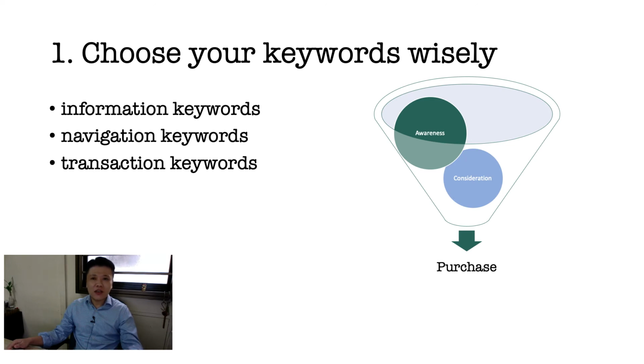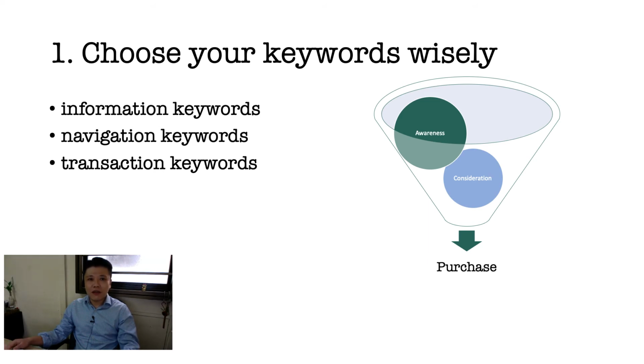And in general, keywords include 3 types: informational keywords, navigational keywords, and transactional keywords. Let me give you a quick example. Let's say I have dirty clothes, right? So I may look for how to clean clothes, and these are informational keywords.